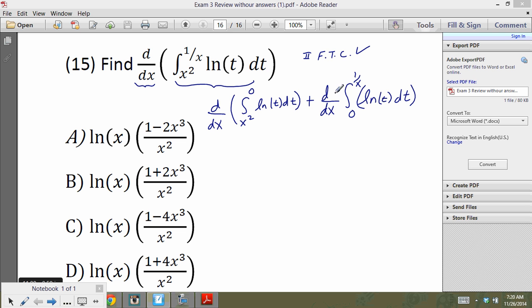Now, on the right hand side here, we're in good shape because right here we have a lower bound that is a constant. So that's what we need to use our second fundamental theorem of the calculus. But the other one, kind of like question 14, it's the upper bound that's a constant. And to use the second fundamental theorem of the calculus, we need the lower bound to be the constant. So we're going to use that same trick we used in number 14.